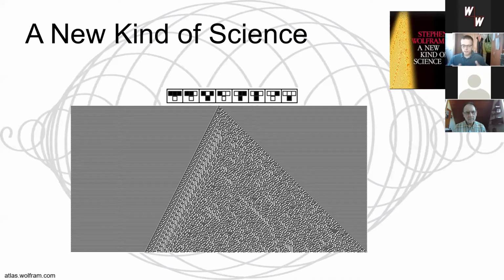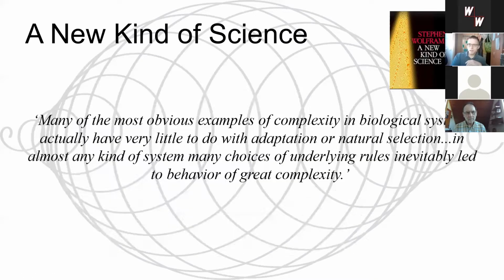Okay, now you could say this is just a pattern of black and white squares. It looks complex, but it doesn't do anything. It has no meaning. It has no function. But Wolfram actually interprets his finding in quite a bold way. So the fact that he has found that simple rules can generate complex patterns, he ends up interpreting like this.